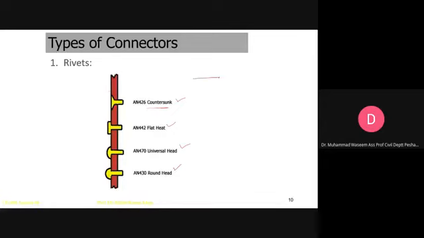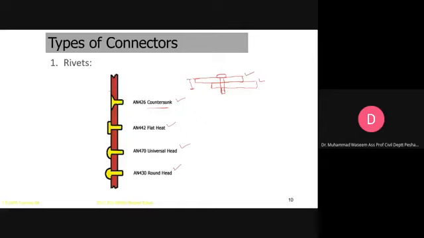For example, if I want to connect two plate members with a joint, you drive a rivet, a rounded head rivet, into the hole made in these two members. The length of this rivet is more than the thickness of these two plates.